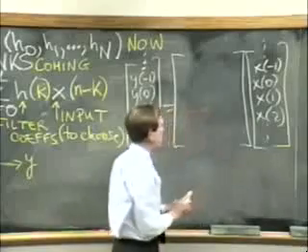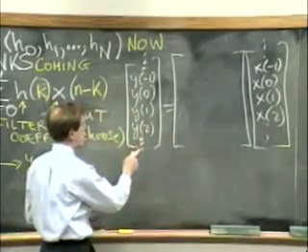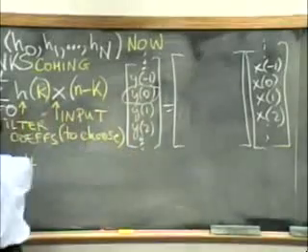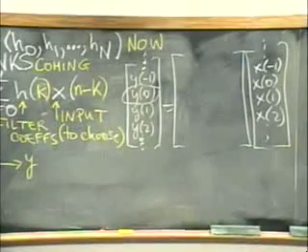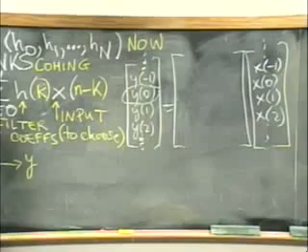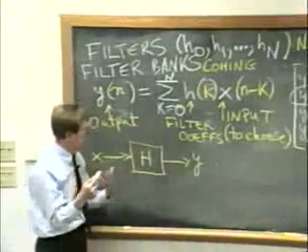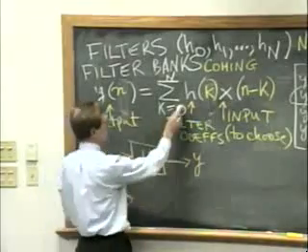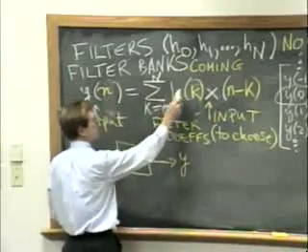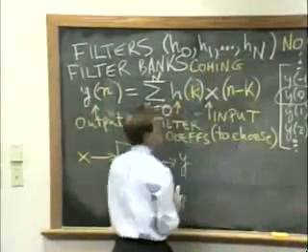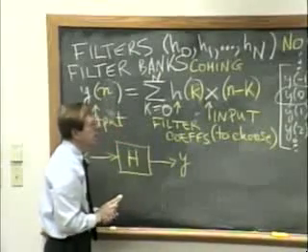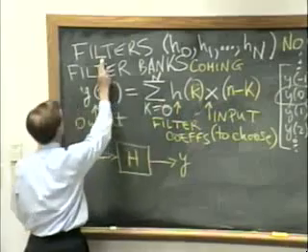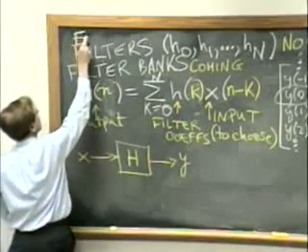And what's the matrix? If I just look at y of 0, when n is 0, let's remember some words that we used before. This filter has finite length. There are only n plus 1 taps, n plus 1 coefficients. So this filter is an FIR filter, finite length.